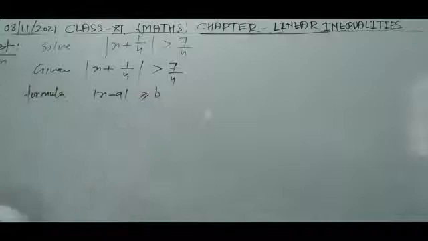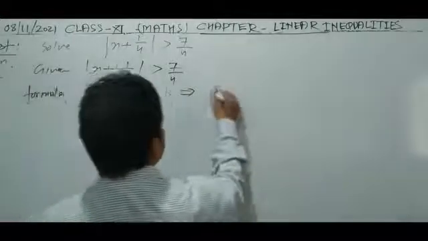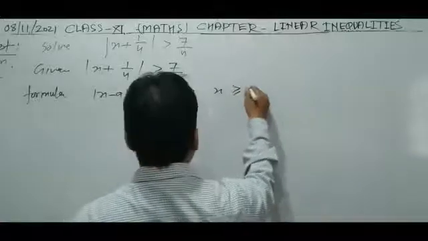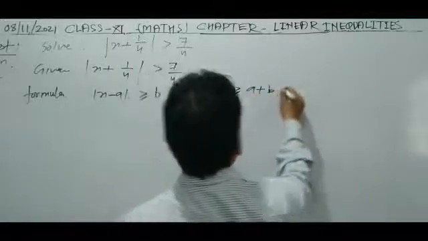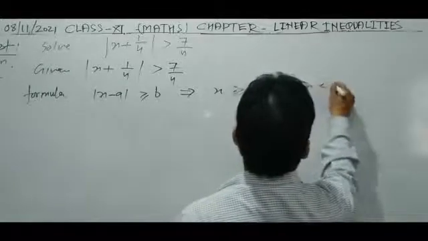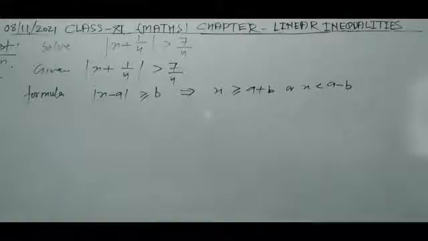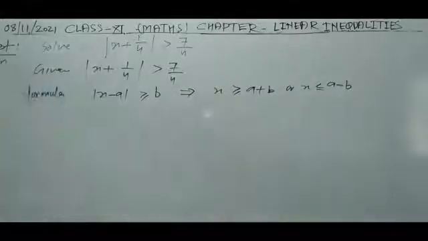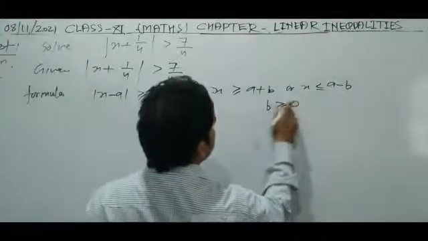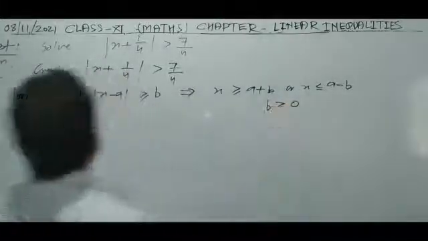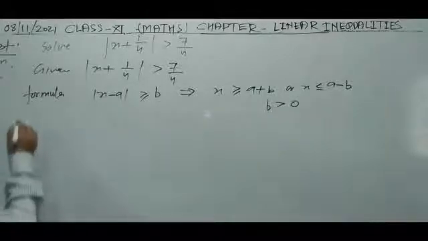This implies we can write x is greater than or equal to a plus b, and the second part, x is less than or equal to a minus b, for all b greater than 0, where b is always greater than 0.